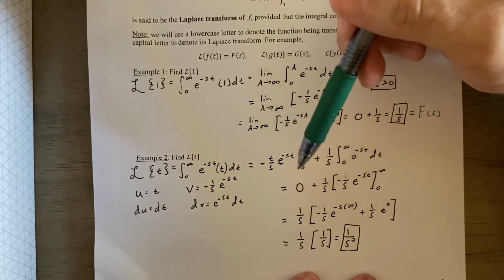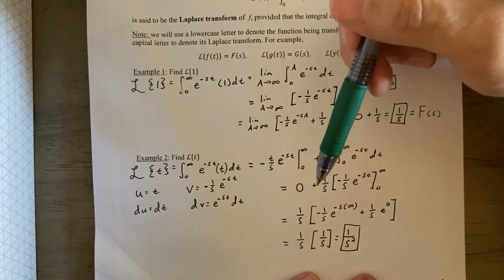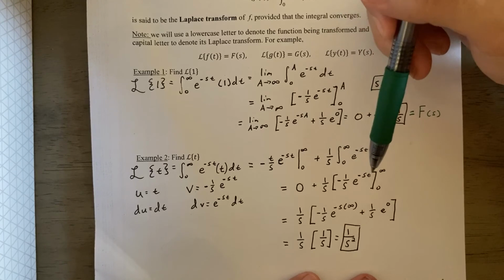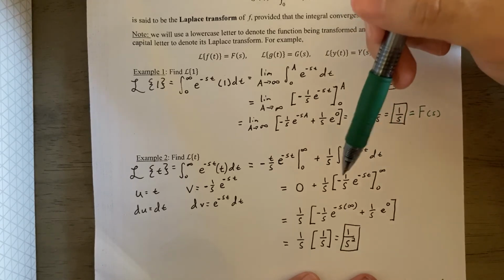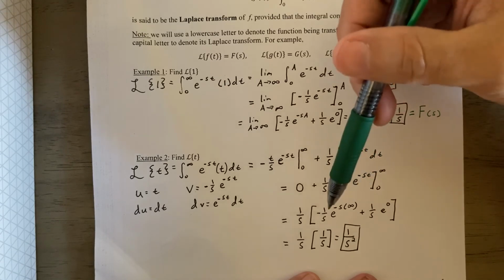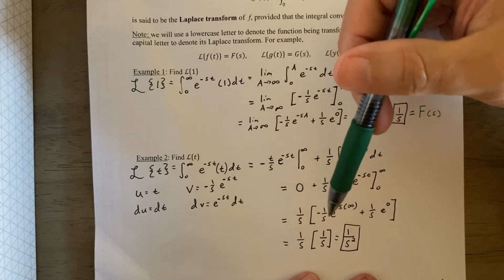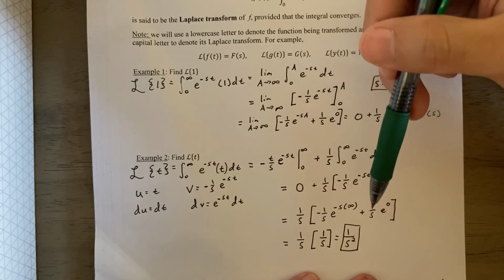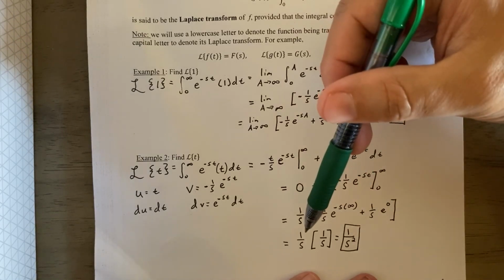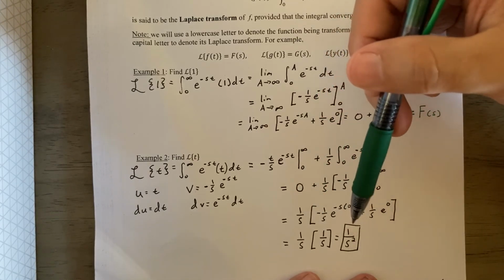So all of this is just 0. Plus, and then now I'm going to integrate this. So negative 1 over s e to negative st. Plug in my infinity, plug in my 0. E to negative s times infinity, that's going to converge to 0. Plus 1 over s e to the 0, that's just going to be 1 over s. So 1 over s times 1 over s is equal to 1 over s squared.